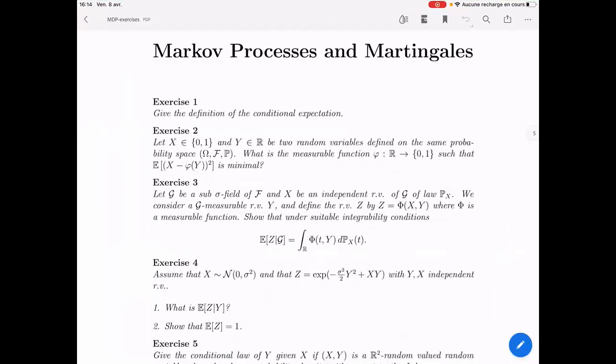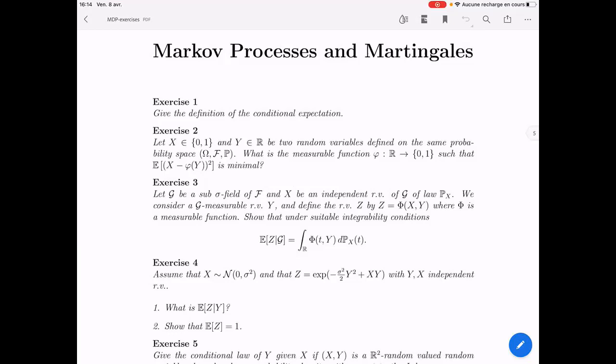So let us come back to the second exercise, which is now a bit different. We take X, which is a random variable taking only two values, 0 and 1, so it is a binary random variable.